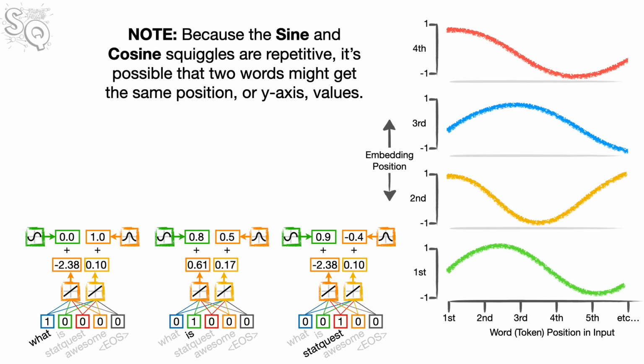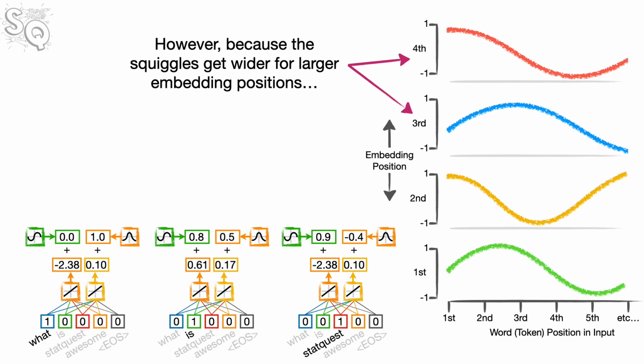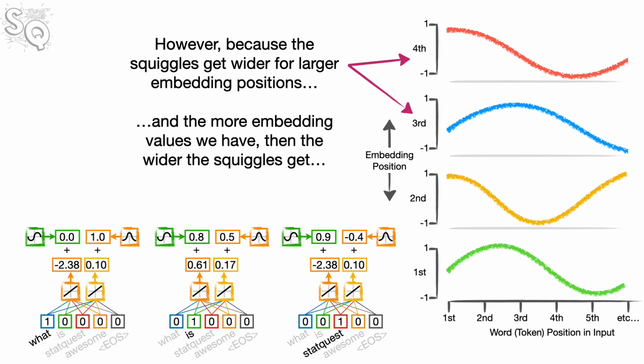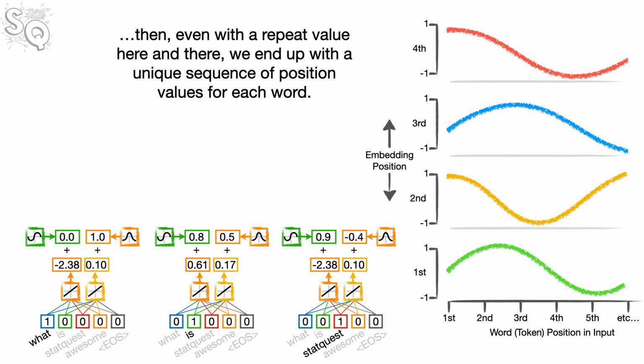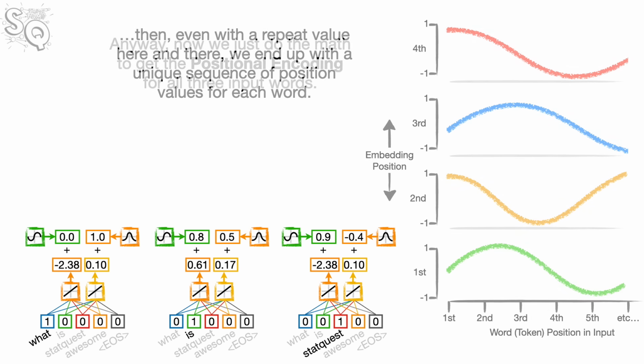Note, because the sine and cosine squiggles are repetitive, it's possible that two words might get the same position or y-axis values. However, because the squiggles get wider for larger embedding positions, and the more embedding values we have, the wider the squiggles get, then, even with a repeat value here and there, we end up with a unique sequence of position values for each word.